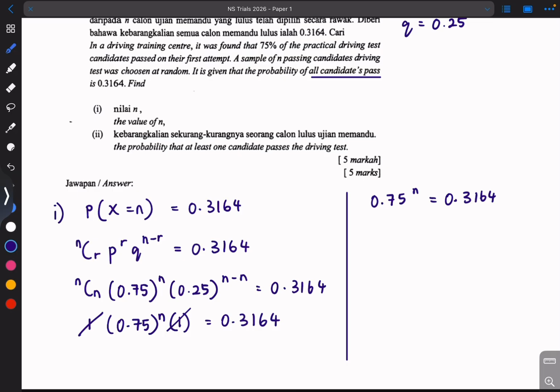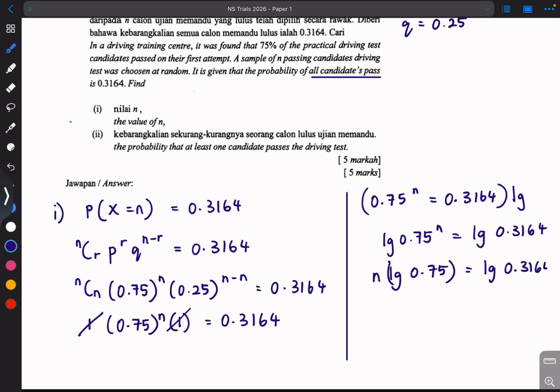If you want to find n, you have to take log on both sides. So we just use log 10. Log 10 of 0.75 power n is log 10 of 0.3164. You don't have to write the 10 because the short form for log 10 is lg. Now we can bring the n down. This will become n log 0.75 equals log 0.3164. So n would be log 0.3164 divided by log 0.75.